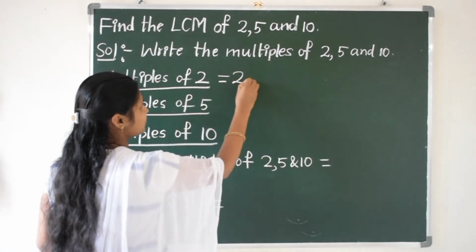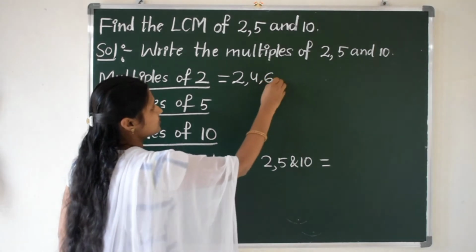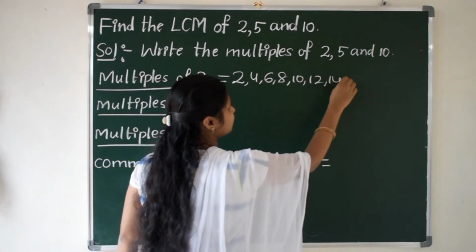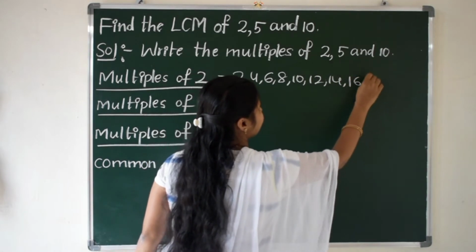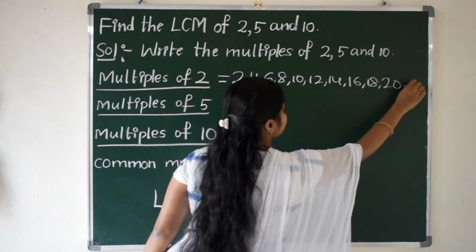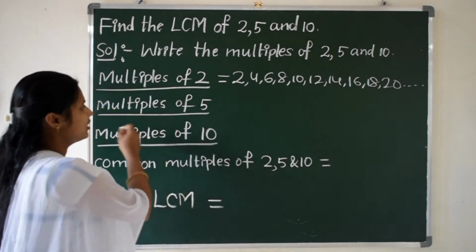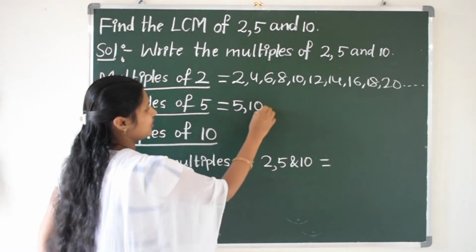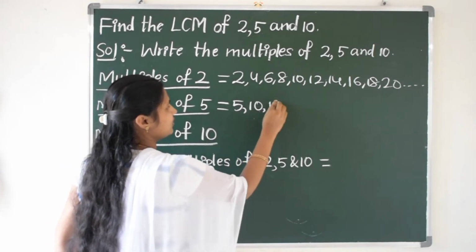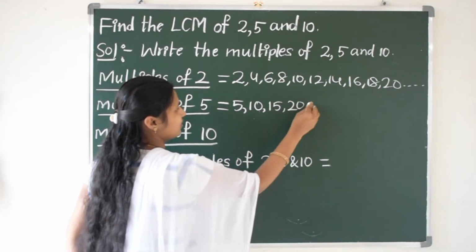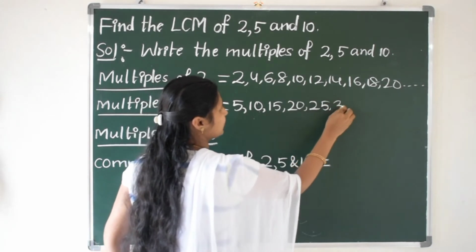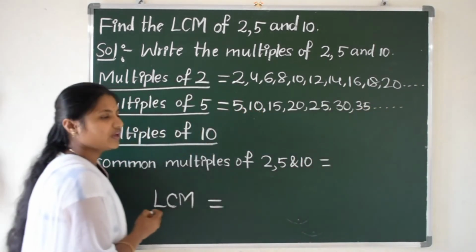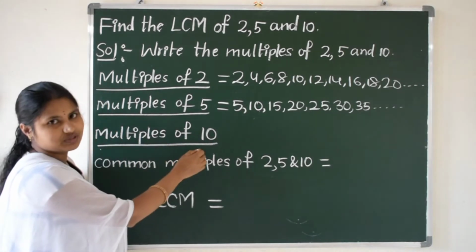Yes, 2, 4, 6, 8, 10, 12, 14, 16, 18, 20, and so on. And the multiples of 5? Yes, 5, 10, 15, 20, 25, 30, 35, and so on.